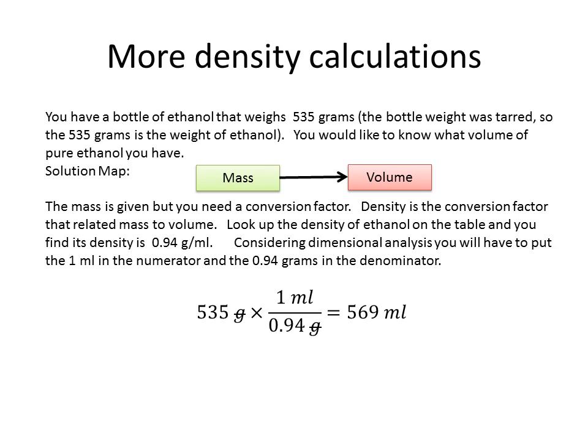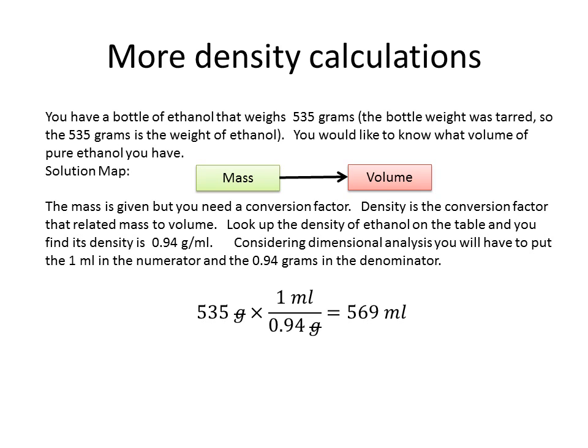But how do you get from mass to volume? Well, you use the density as a conversion factor. So you look up on the table and you find the density of ethanol is 0.94 grams per milliliter. So when you consider dimensional analysis, you know that you'll have to put the grams in the denominator in order to cancel the given 535 grams.